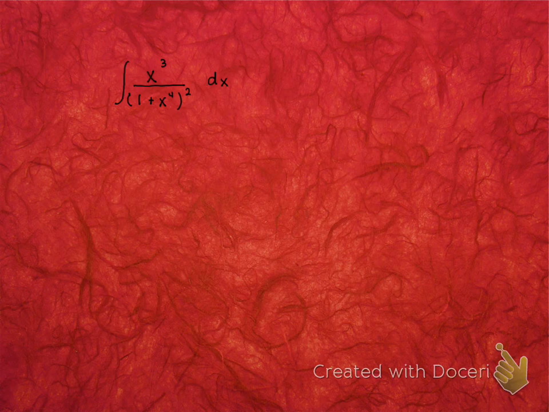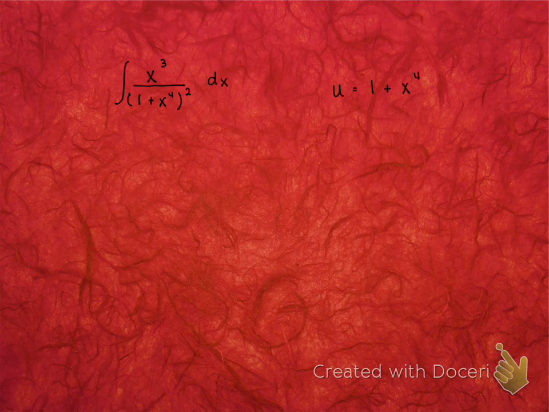Okay, so what we're going to do is identify pre-writing or rewriting here. We're going to identify the u, okay? Well, the u has to be the inner function that is as an outer function squared, okay? So that is our u.